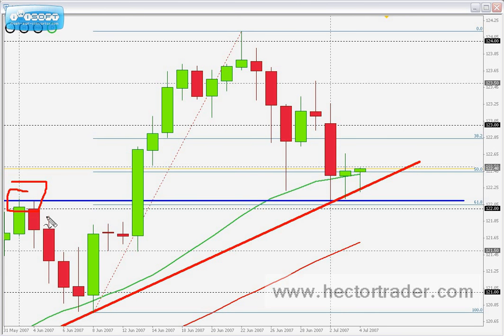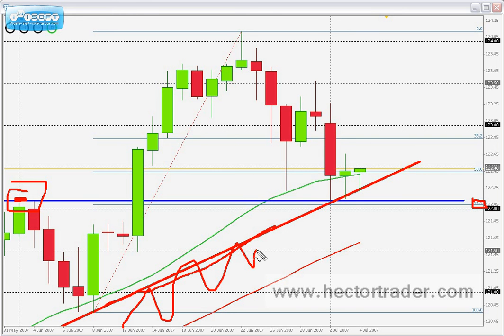It's usually a good idea if a previous swing top, a trend line and a Fibonacci level are lining up at that level.